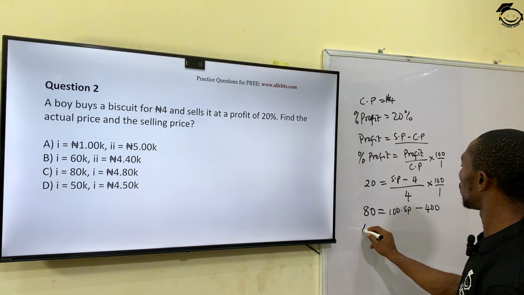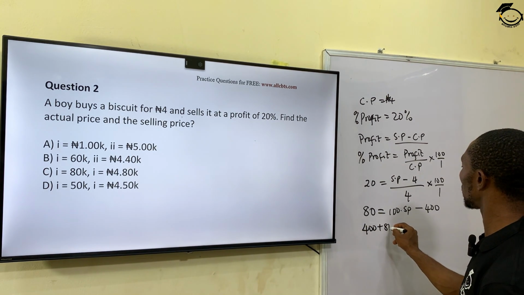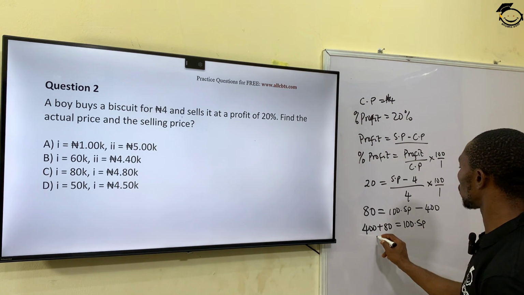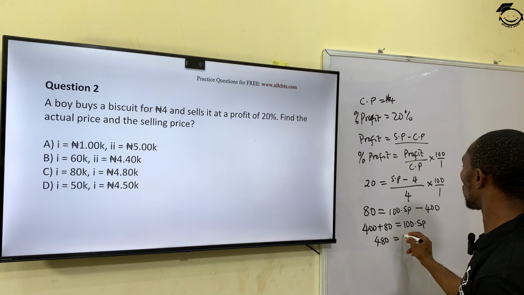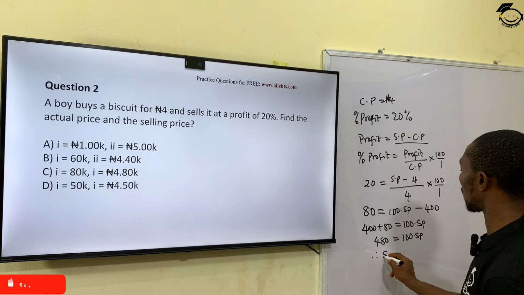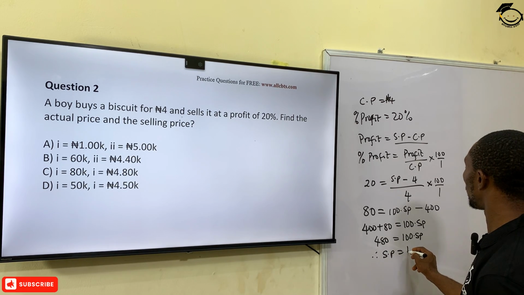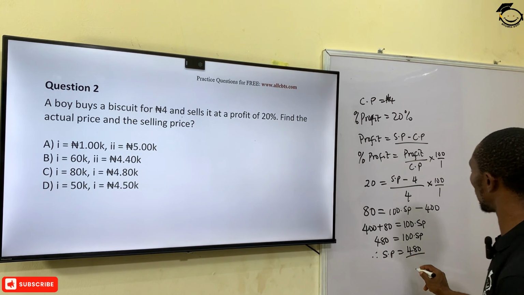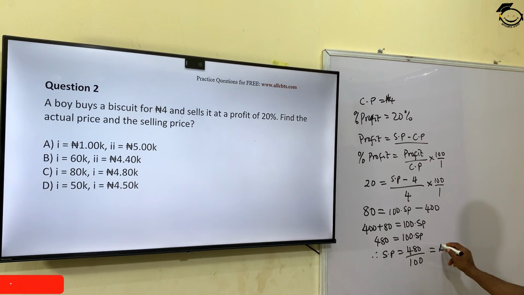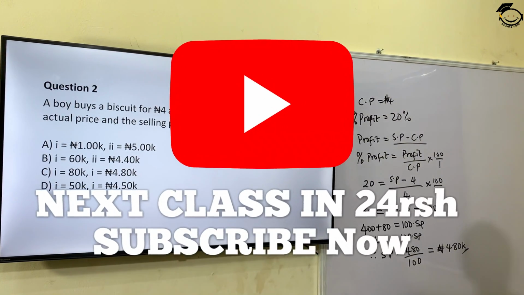So this becomes 400 plus 80 equals 100 times selling price. So 480 equals 100 times selling price. Therefore, our selling price would be 480 divided by 100, which gives us 4 naira 80 kobo.